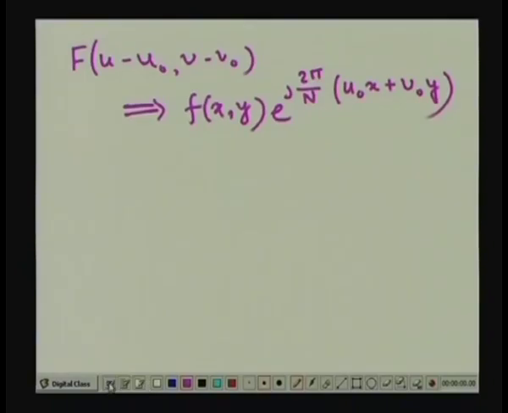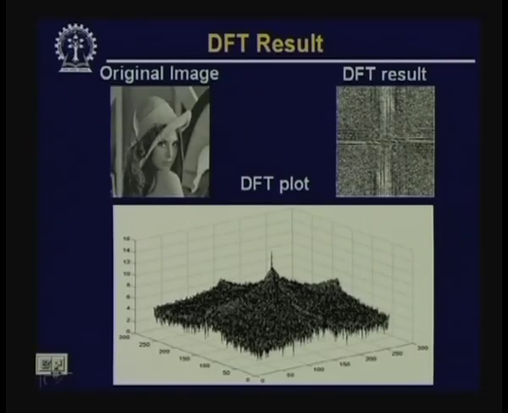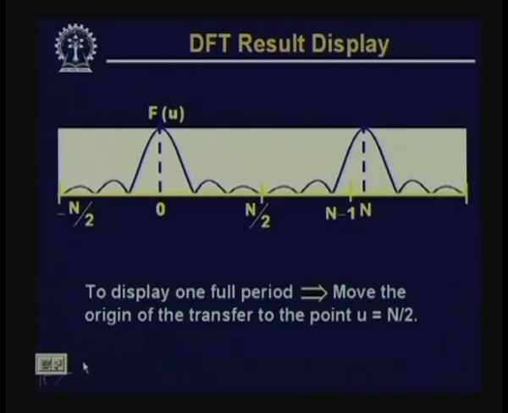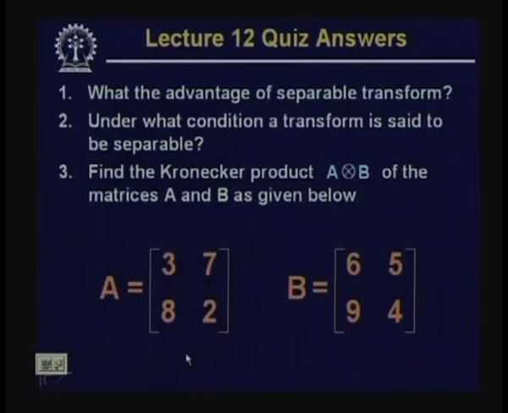Now, let us see some of the answers to some of the questions that we had presented during our last lecture. The first two questions were: what is the advantage of a separable transform?